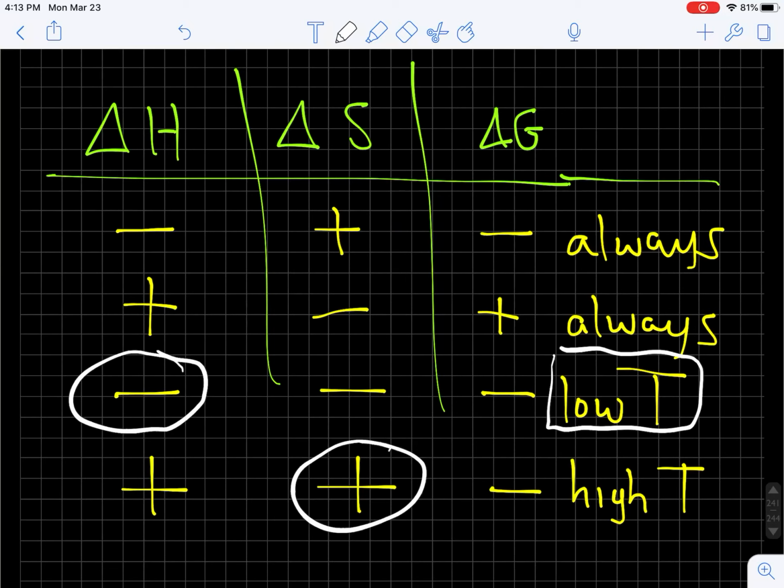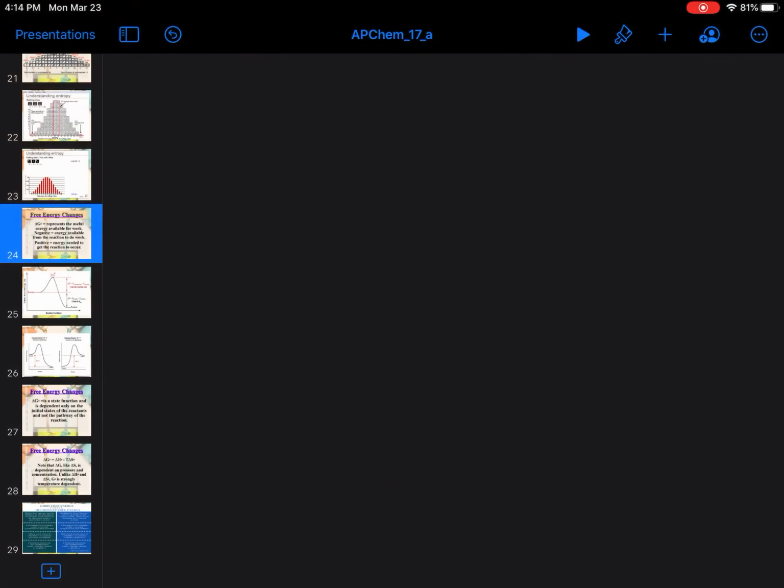So what temperature conditions favor endothermic? Higher temperature. In the example where we're dealing with an endothermic reaction, high temperature favors that reaction, whereas in the example where we have exothermic, lower temperatures favor that reaction.